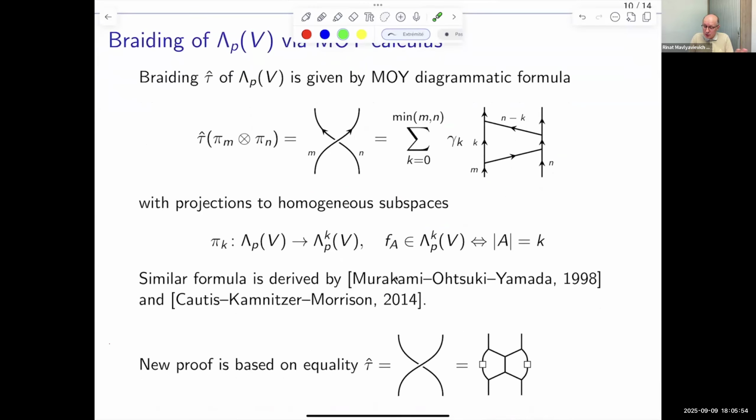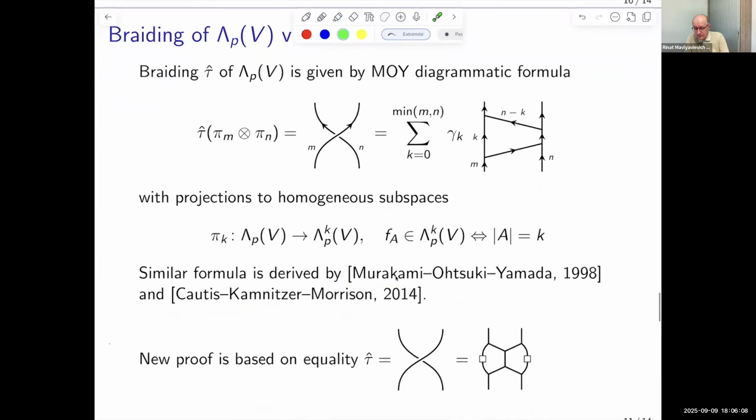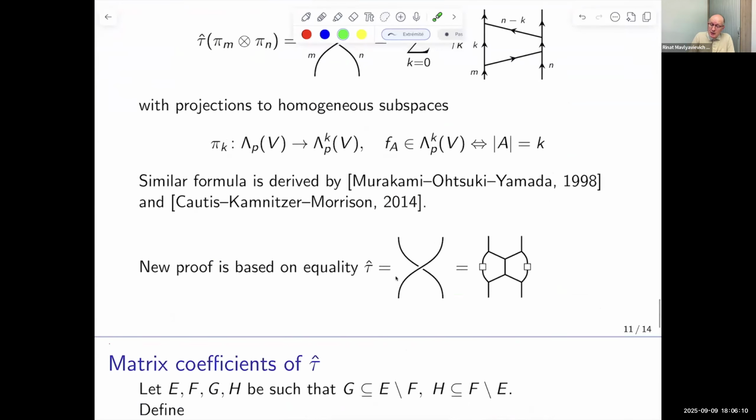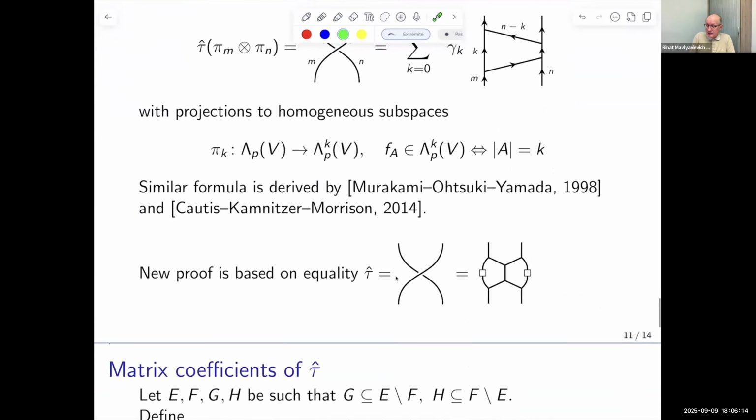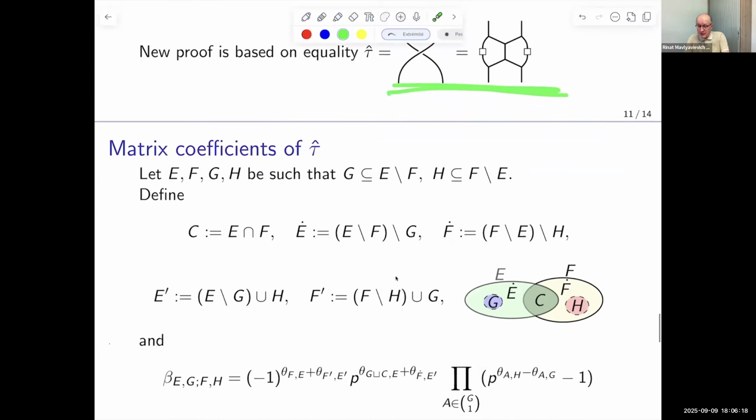The analog of this formula in the context of deformed exterior algebras was derived originally by Murakami, Ohtsuki, Yamada themselves, and also by Khovanov, Kamnitzer, Morrison. And we give a simpler proof, which is based on this relation you have seen recently.